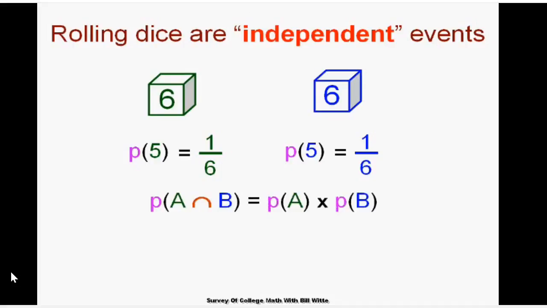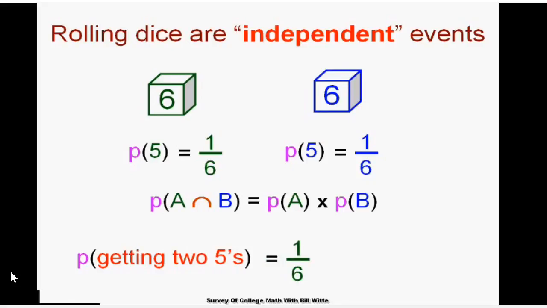Now, the probability of A intersected with B is the same as the probability of A times the probability of B. We know that from the multiplication principle. The probability of getting 2 5s is going to be the probability of getting a 5 on the first dice, which is 1/6, times the probability of getting a 5 on the second dice, because they're completely independent.